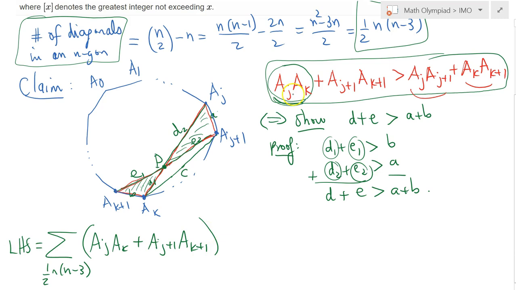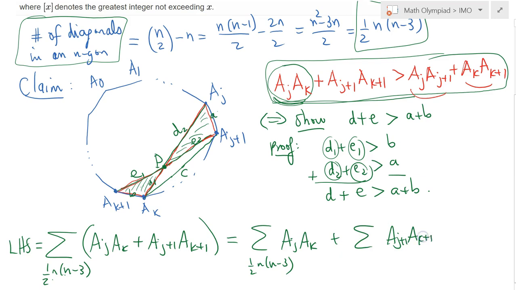So the left hand side of this inequality in the claim, we're adding over all these diagonals. We can split the summation sign: a sub j, a sub k, adding over all diagonals, plus all of these. This is another length here, and this is also a diagonal length, but we're adding across all the diagonals again.